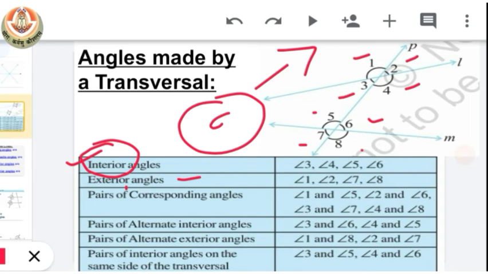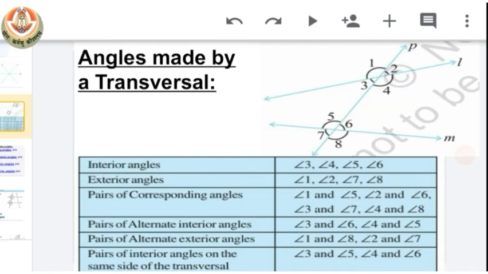You can see angle 3, angle 4, angle 5 and angle 6 are in between the two lines which were crossed by transversal P. So we can say that angles 3, 4, 5, 6 are interior angles, whereas those angles which are not in between these lines, on either side of the lines, are known as exterior angles.